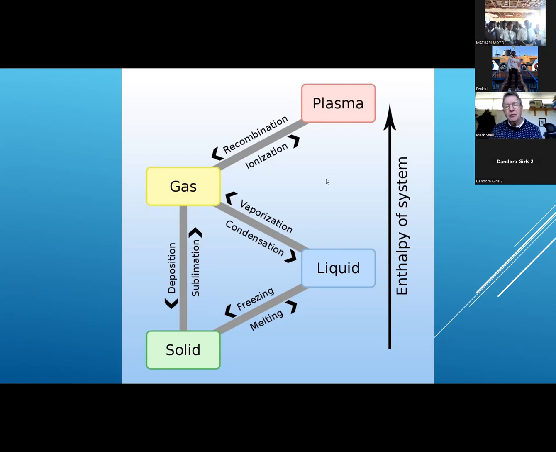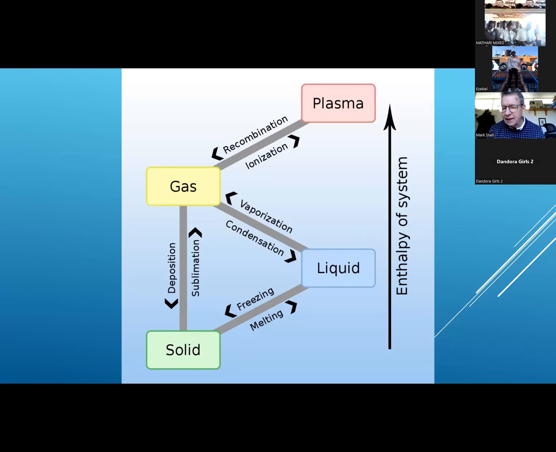The two which people forget are sublimation and deposition. Sublimation is going from solid straight to a gas. If you've ever watched a video of a music band playing, sometimes they have what looks like smoke on the stage to give a good effect. That is often dry ice.